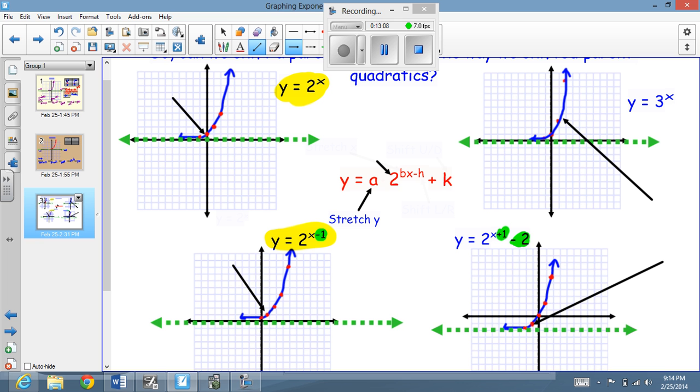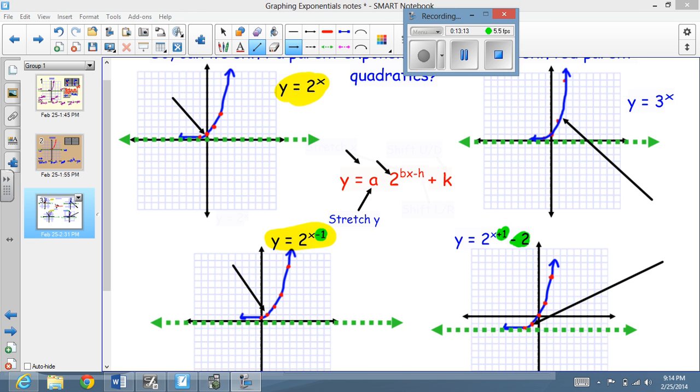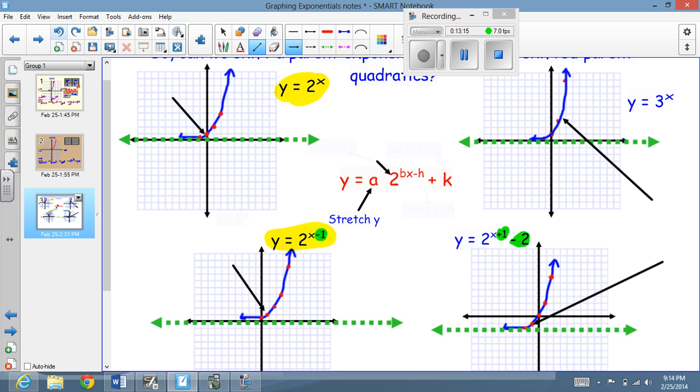Let me undo that. Okay, go back to my pointer. The other thing you're going to see is this number up here in front of the x. Well, we haven't seen one of those yet. What that does is it stretches the x value. It's going to make it like wider. Okay, we won't see that very often.